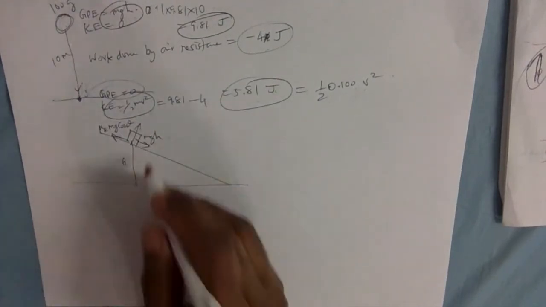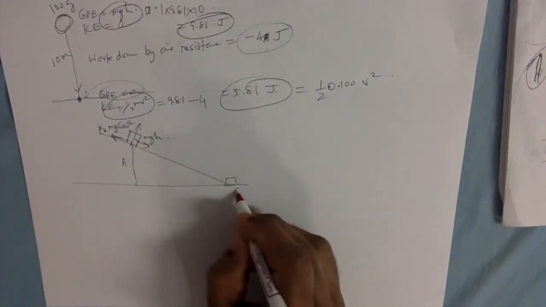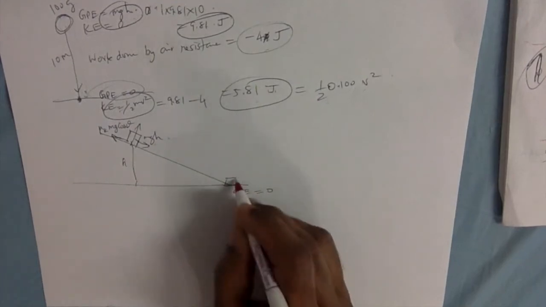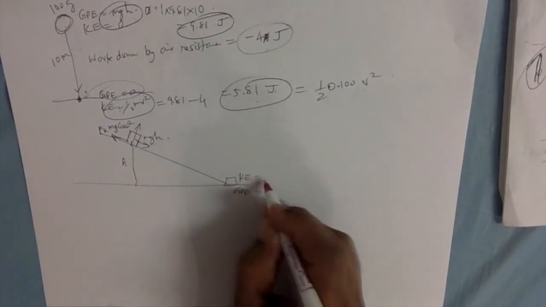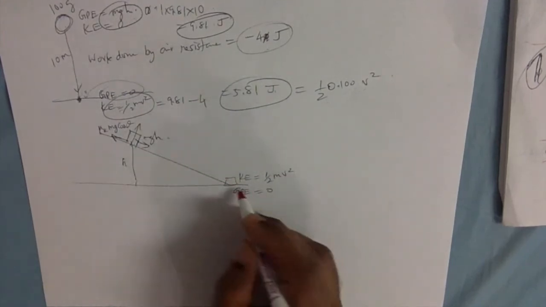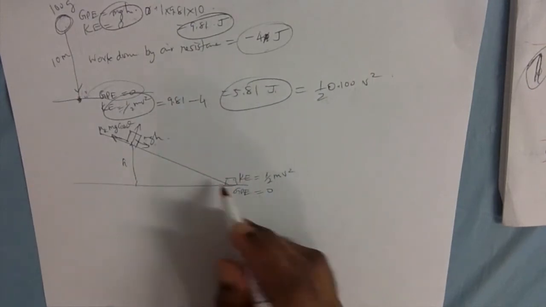When it comes here, the GPE becomes 0 and the KE will be something. So this thing has to move at a certain speed. Now this is without air resistance.